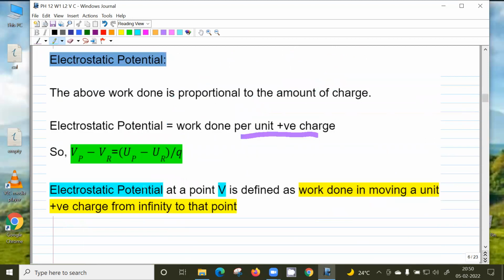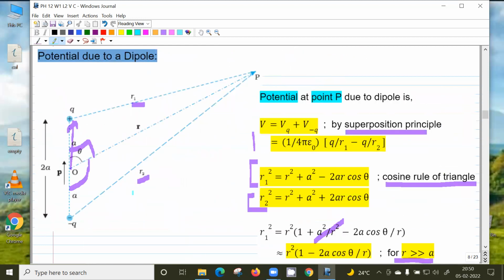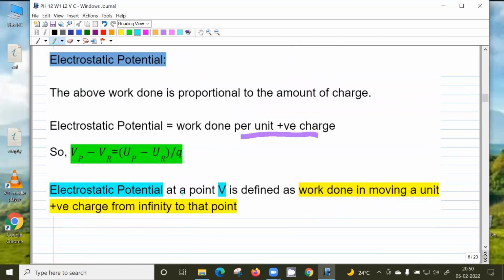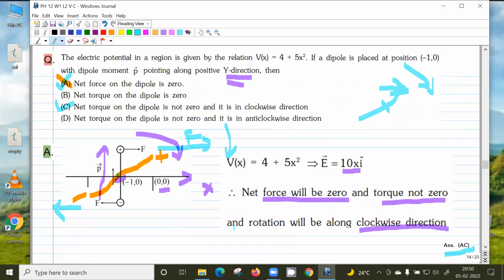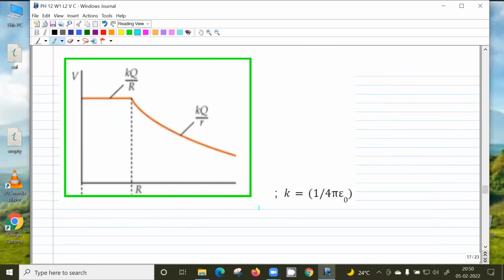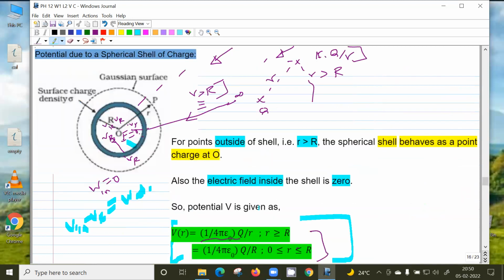Potential difference is there, sir, but inside, potential is not there, no, sir. See, potential is the work done in moving a unit charge from one point to another point. Infinity to that point is the potential of that point.